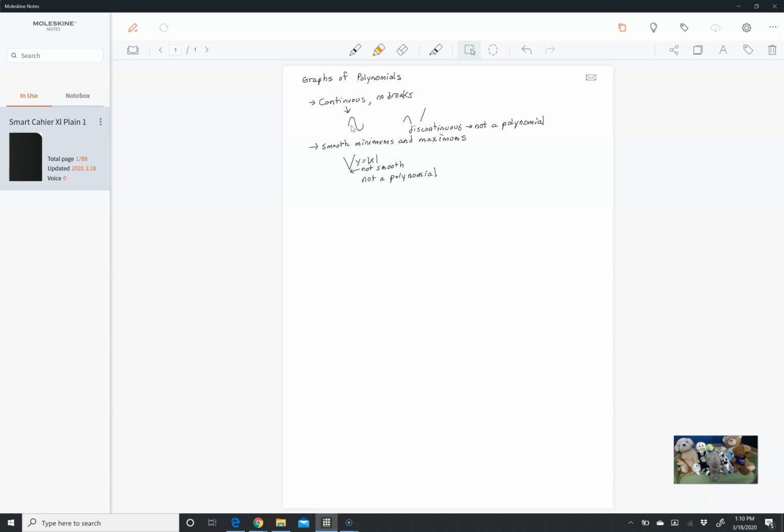All polynomials are going to be in the form of x to the nth. So we already know how we define polynomials. x to the nth is sometimes called a power function, because we are raising x to a power.